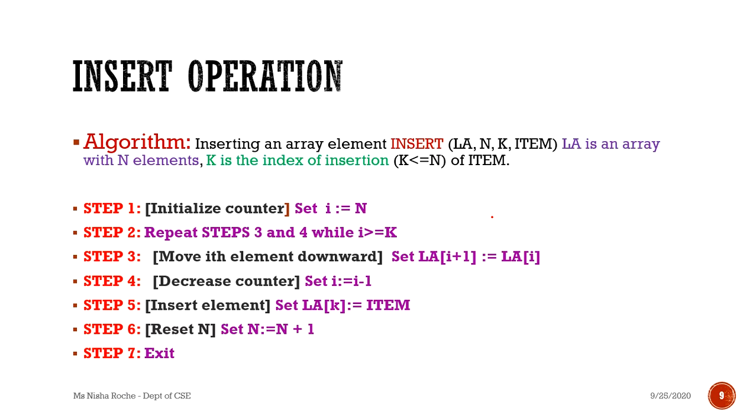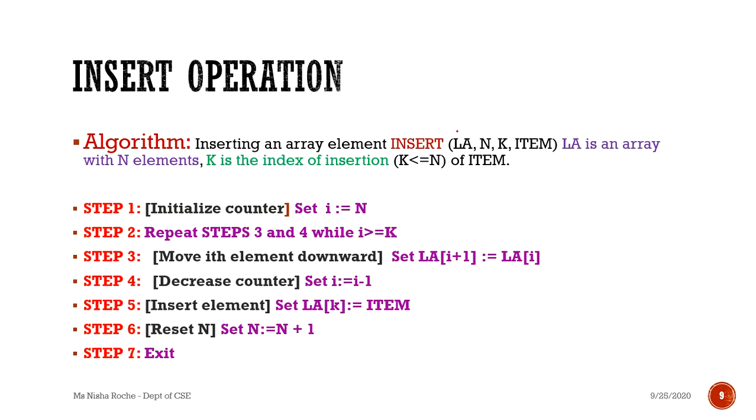In our first lab program, we have demonstrated how an insert operation works on an array. Now, let's look at how to write an algorithm for the same insert operation. Whenever we write an algorithm, we need to give a name to the algorithm. So, the name given here is insert, followed by the parameters which will be used for the algorithm.